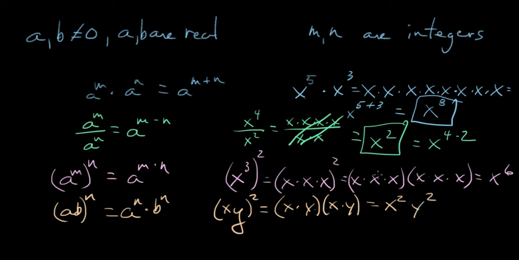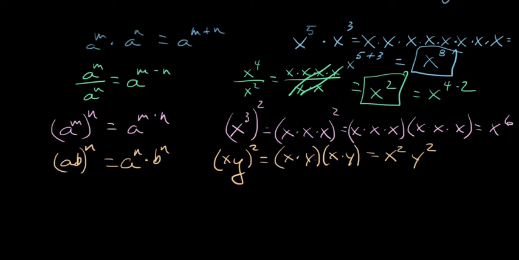Okay? One more here. And this one is going to be the power of quotients. A over b to the n power equals a to the n over b to the n. Okay? And so how does that work?